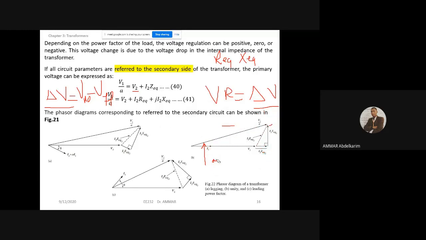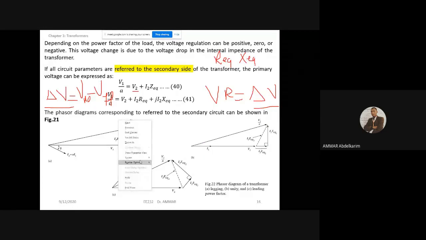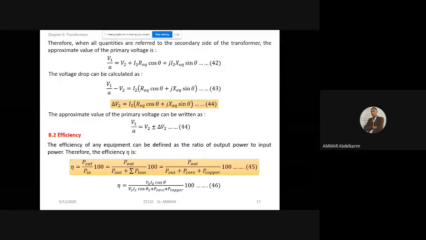It's the same as the one we have seen previously, just in this case the circuit is referred to the secondary.